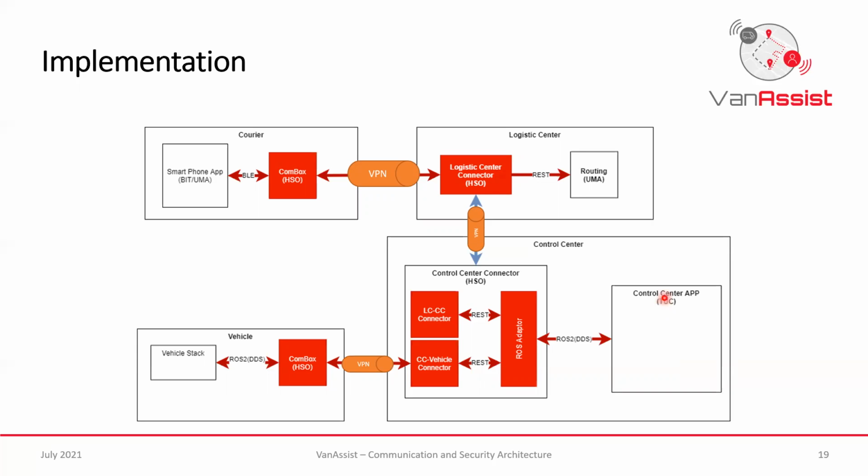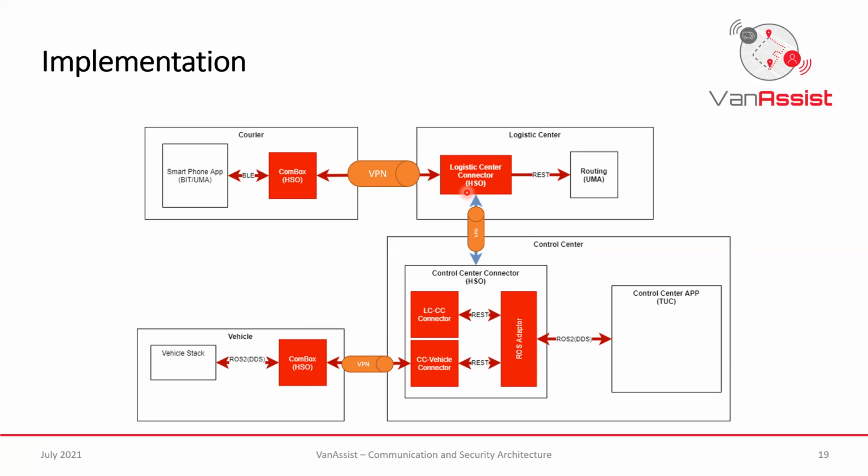So the VPN server is located in the logistics center, and all the entities, which are the courier, COM-box or S-box, and the control center connector and the vehicle COM-box or the V-box, are connected to this virtual private network by establishing a VPN connection. Therefore, they are all seeing each other inside the private network, and can send data to each other.